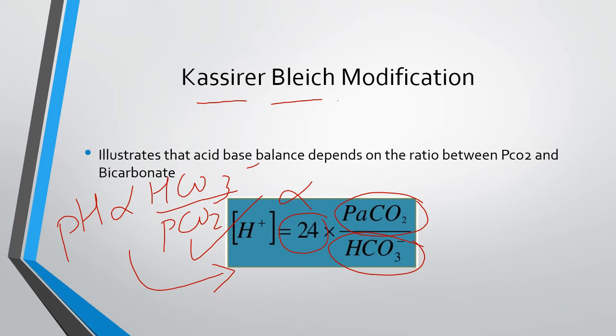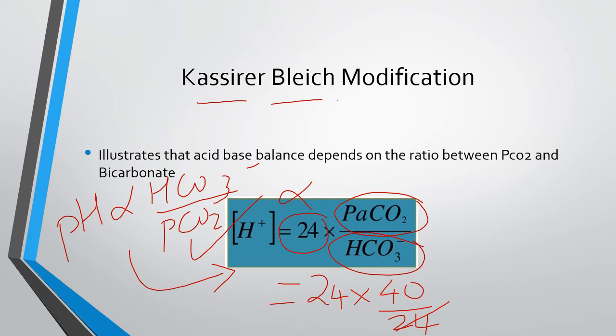But the fact that makes this equation easier to use is the value. So here he's put 24. If we put in the normal values in the blood of PaCO2 and bicarbonate, we will get H plus to be 24 into PaCO2 40 divided by bicarbonate 24.